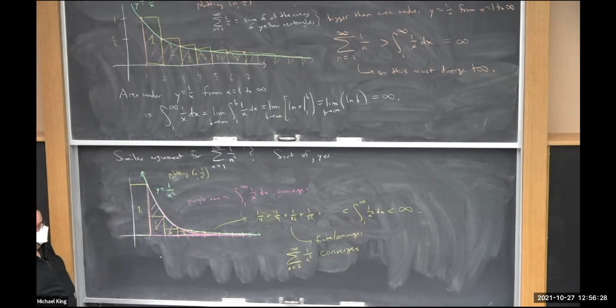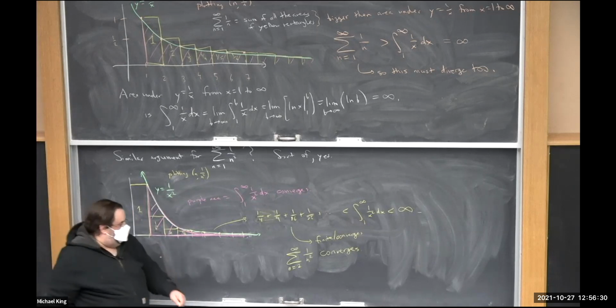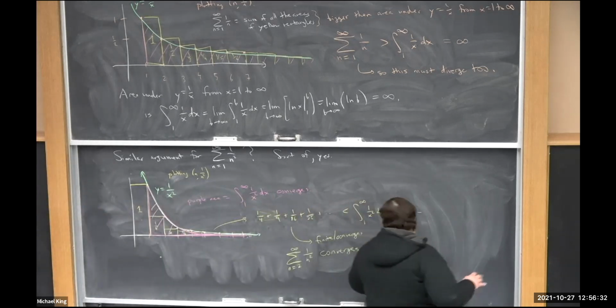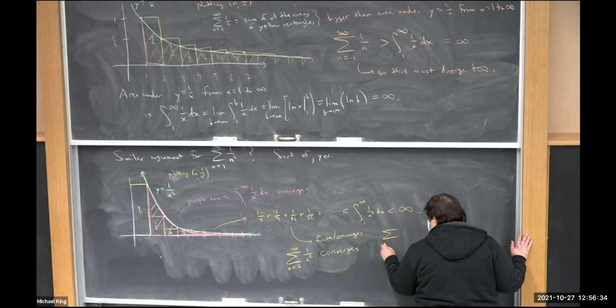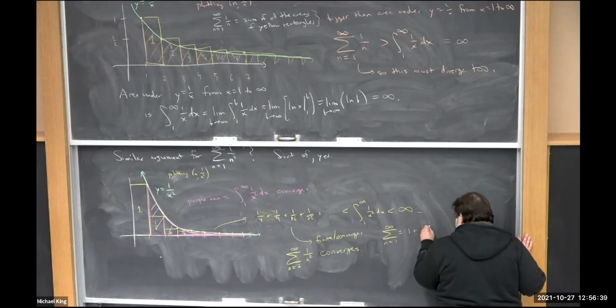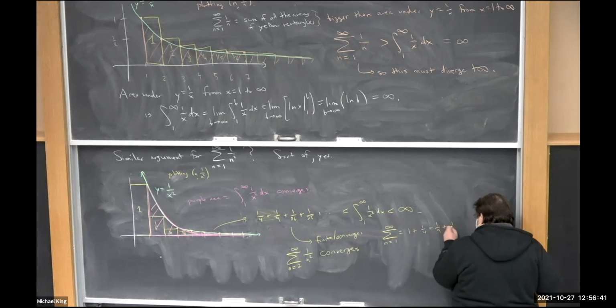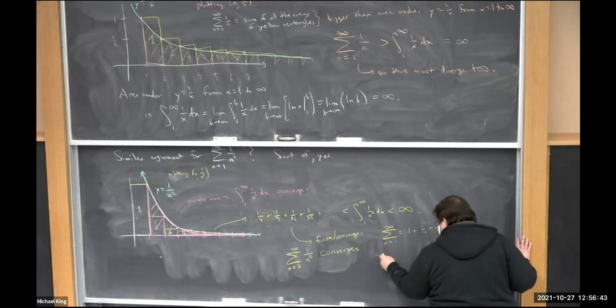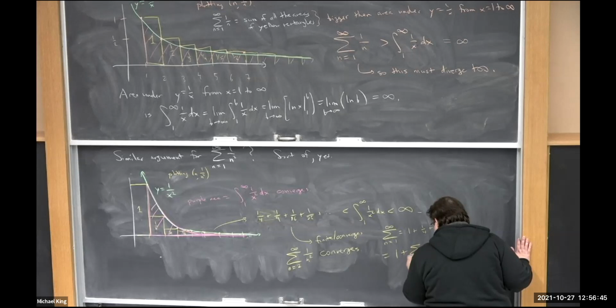And so if we want the sum from 1 to infinity, that's just one extra term. It's 1 plus a quarter plus a ninth plus a 16th plus so on, which is 1 plus the sum from 2 to infinity of 1 over n squared. Oops, forgot the 1 over n squared.